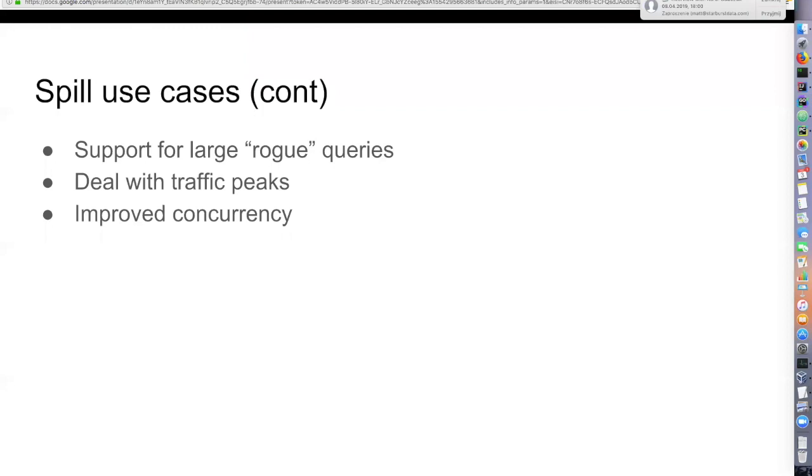And Spill enables you to deal with such rogue queries. So when you have a peak of queries, or such large rogue queries, then you can use Spill.